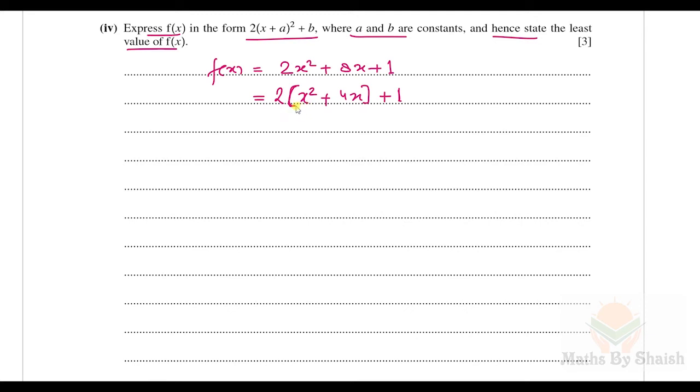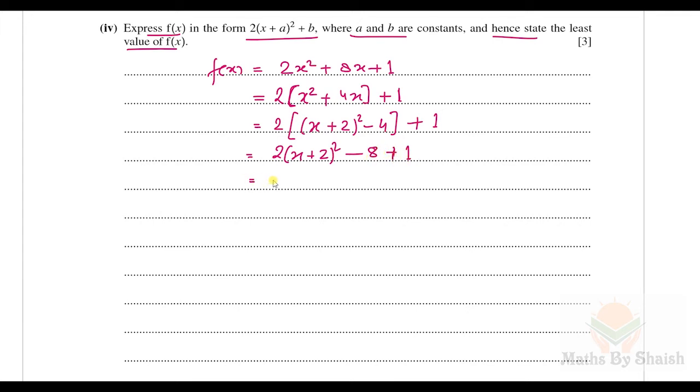So it is going to be 2 times the square bracket, and I'm going to complete the square from here: x and half of 4, that is 2, whole square, and subtract the square of this, that is 4, plus 1. And hence we got 2 times (x plus 2) whole square, and we should not forget to multiply in both, minus 8 plus 1, and it becomes 2 times (x plus 2) whole square minus 7.